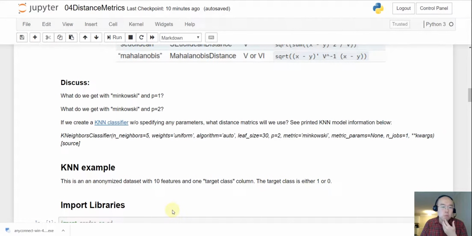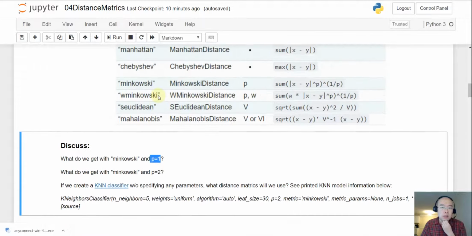So here is some discussion. If we are doing Minkowski with the p-value as 1, then x minus y is to the power of 1, and the root is 1 divided by p, which is 1 again. So if you are doing Minkowski with degree 1, what is it?